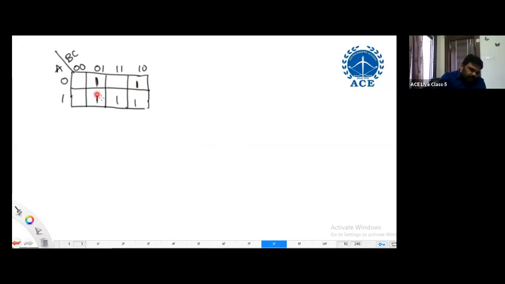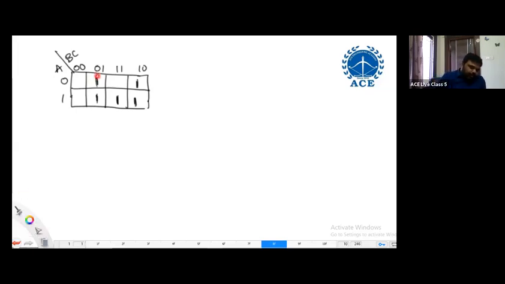So assume that by mistake it was given 0, 1, 1, 0, 1, 1. Now, if it is given like this, what will be the solution? What is the question? Number of prime implicants, number of essential prime implicants, and minimal expression.